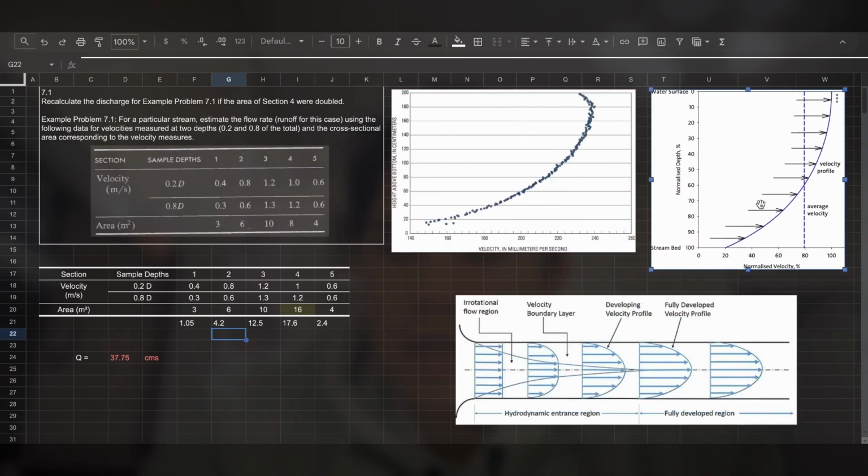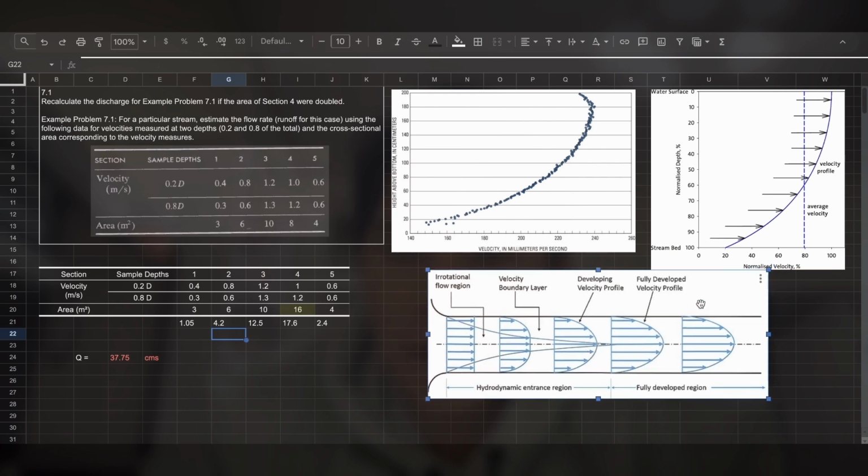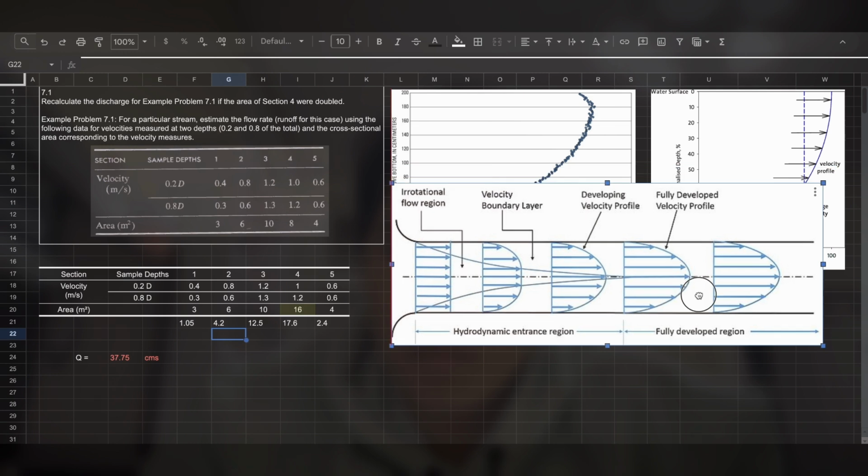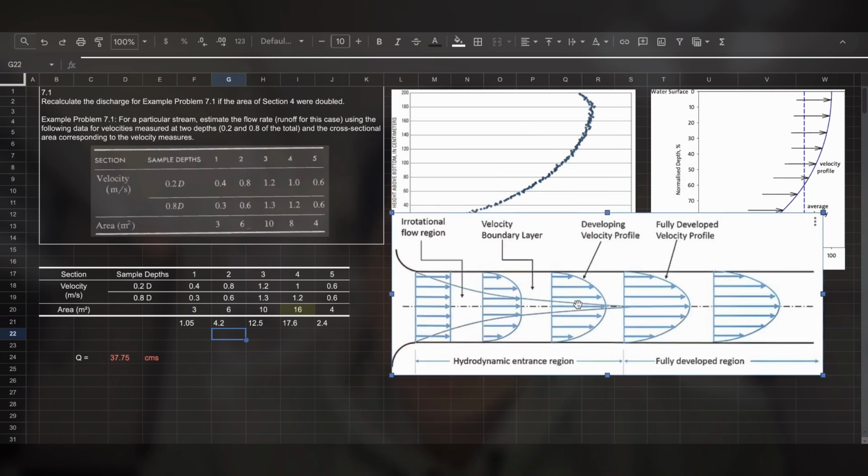Now if you see it from the top, like if you are watching the river from a drone or just from above, this pretty much gives you the velocity of the water at different phases. But once it's fully developed, you can notice that the water flowing at the center of the channel is going faster.